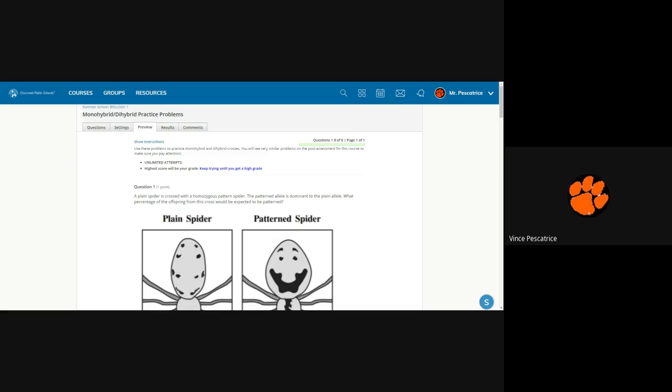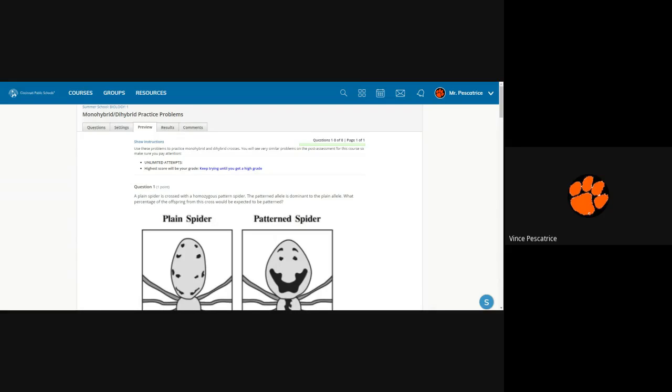For the pattern spider, you would have either two uppercase P's, or one uppercase P and one lowercase p. Now, the question says homozygous pattern, so you're going to have two of the same alleles.